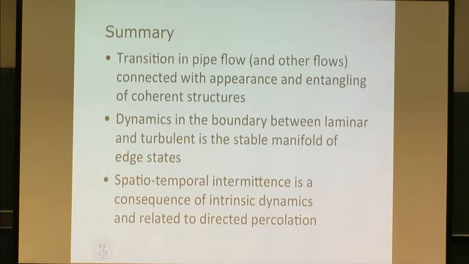We've identified the boundary, through these edge states, through the stable manifold, that divides the turbulent and the laminar. And then there is a spatiotemporal intermittency in these systems, which is a consequence of the intrinsic dynamics. It can be helped by noise, but it's essentially a consequence of the intrinsic dynamics, and that has some connections to directed percolation. So with this, thank you very much. I'd be happy to take questions.